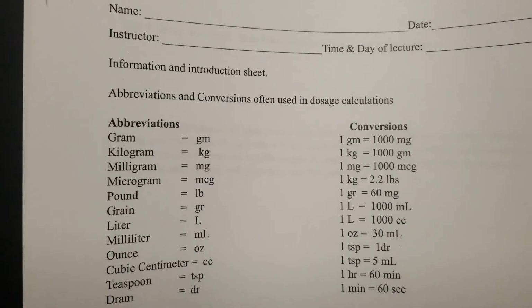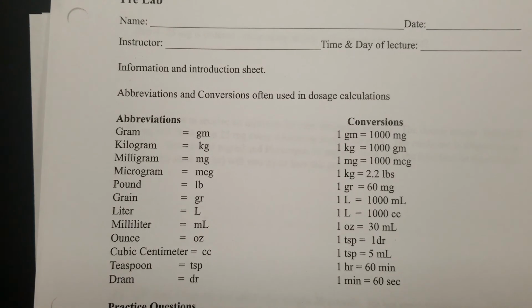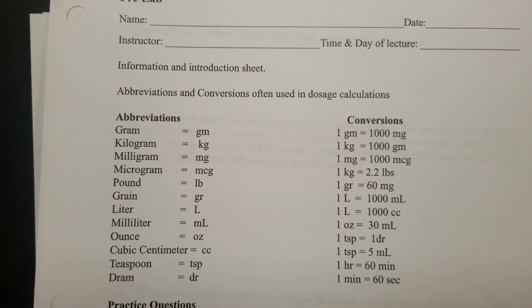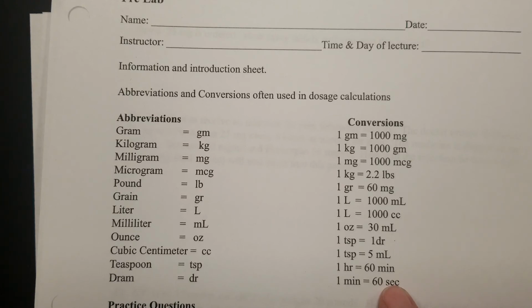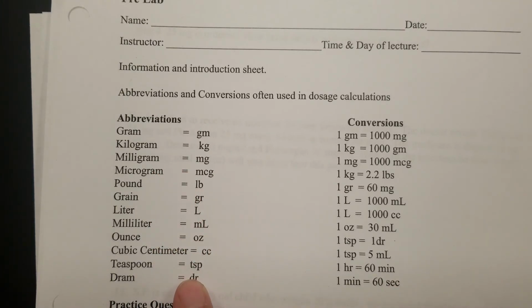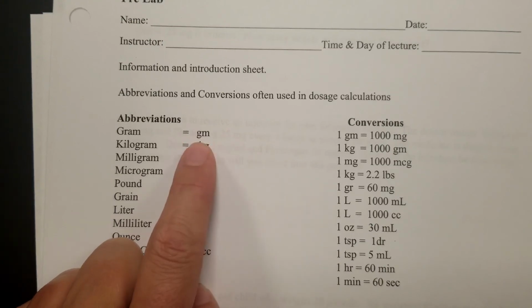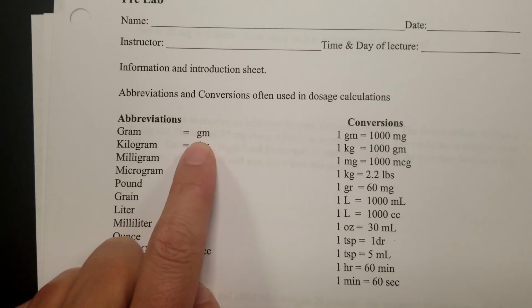I want to point out that you are given a conversion factor table, as you can see here. So use these conversion factors when necessary on the questions. There's also a key over here with the abbreviated units. For gram, they use GM instead of just G like we've been using in class.